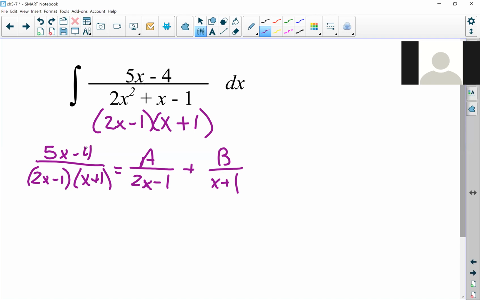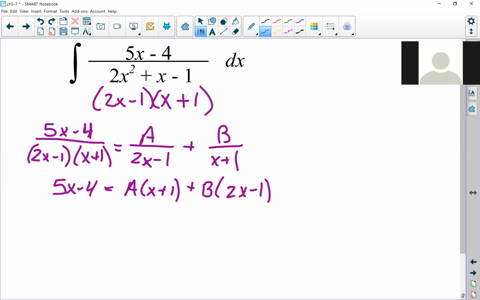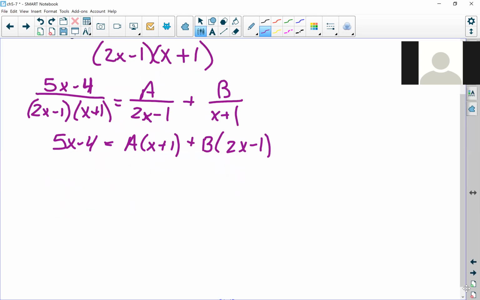So if you wanted to put x plus 1 first, you could. Multiply by that denominator. Distribute.